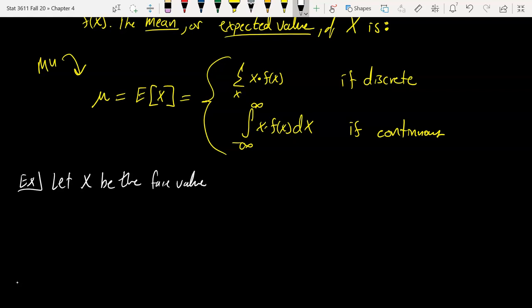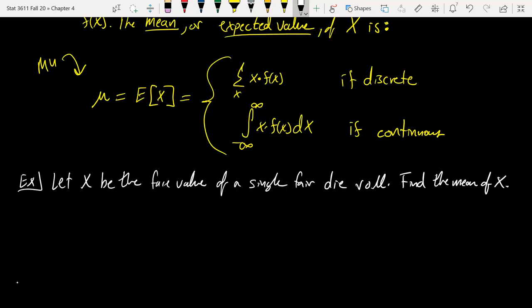Roll a standard 6-sided die, the face value of a single fair die roll. Find the mean of x. Let's find the expected value of x. What's the expected die roll value?